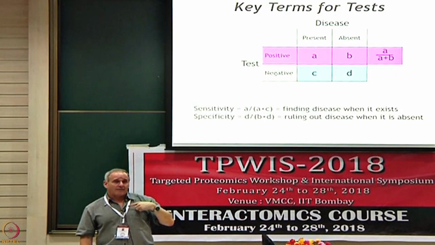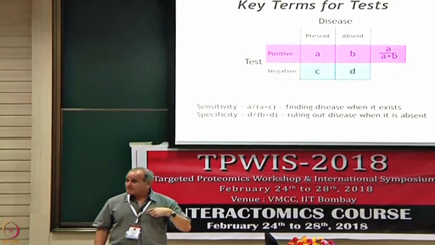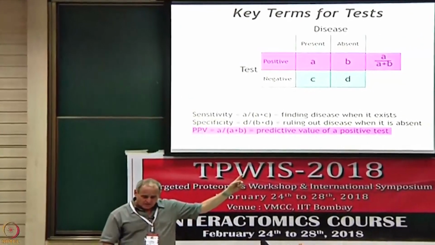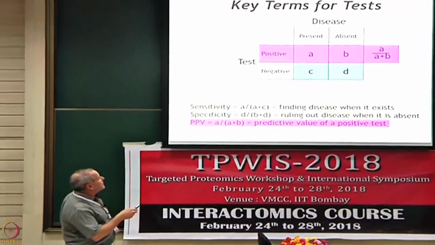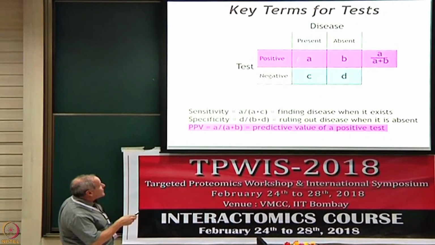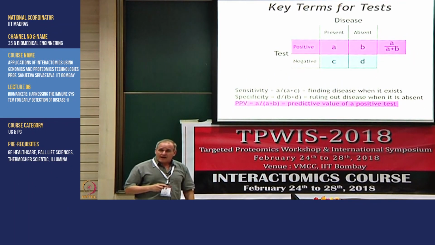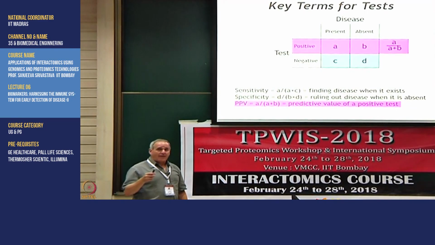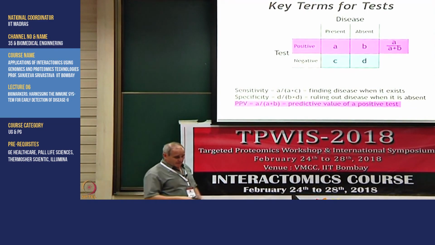So the test says I have it. Do I really have it? Right? And so to mathematically calculate that, that's shown here. It's basically taking all the people who actually have the disease divided by all the people who were tested as having the disease. And that is the predictive value of the positive test. Right? And that matters a lot to patients.